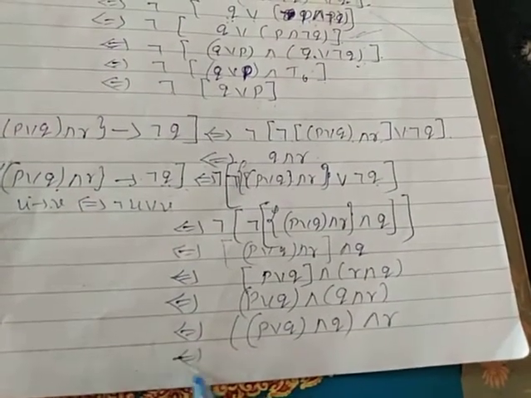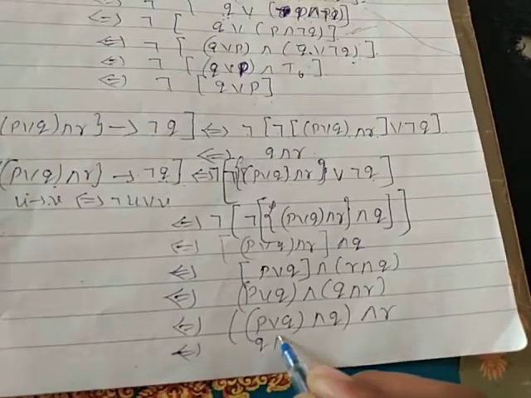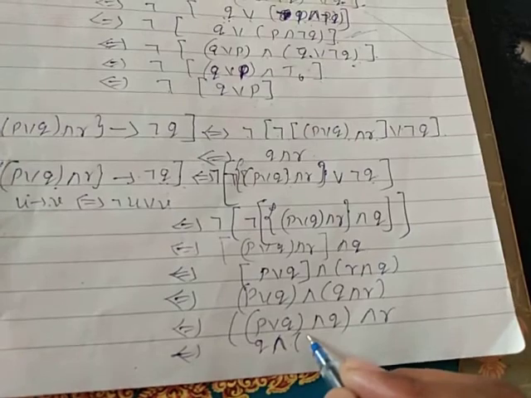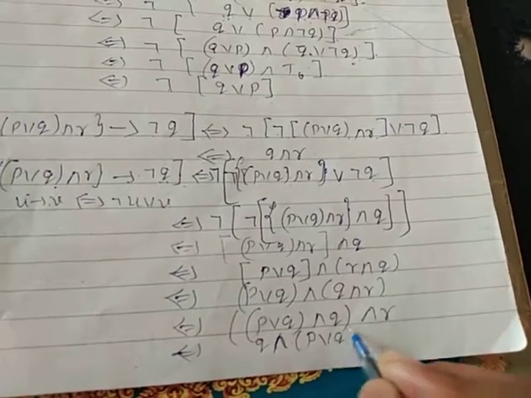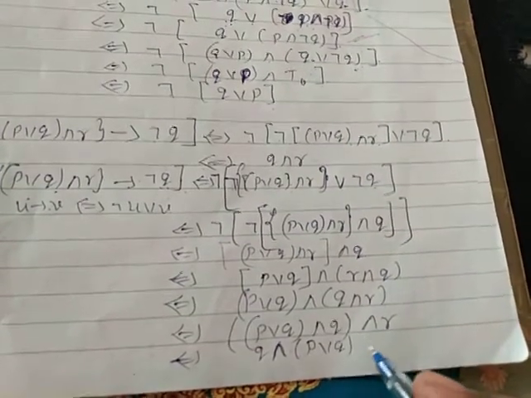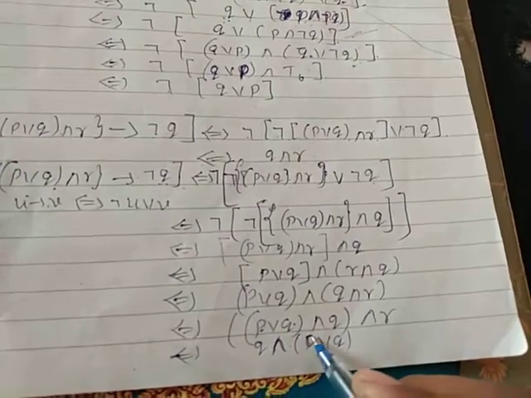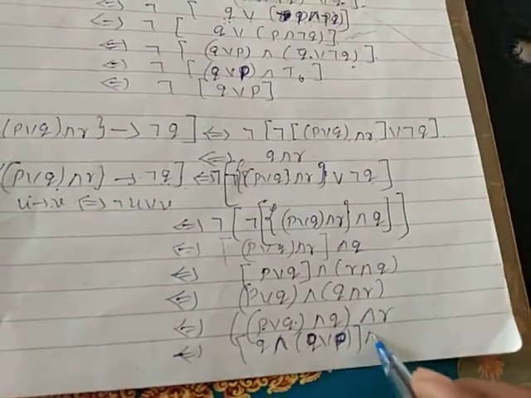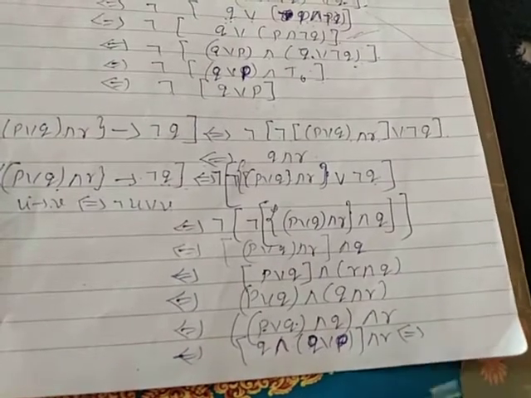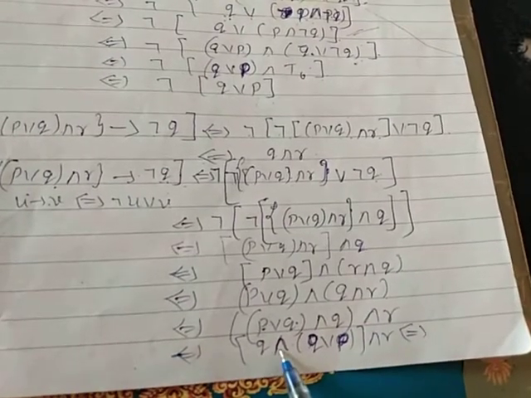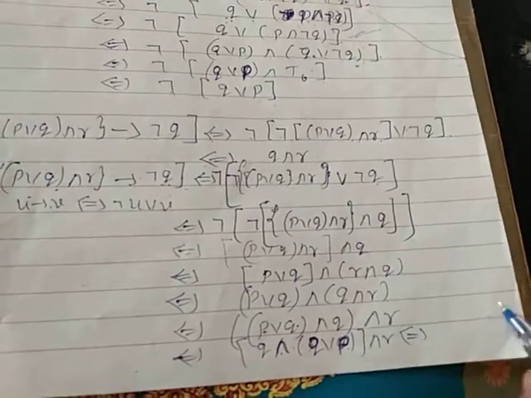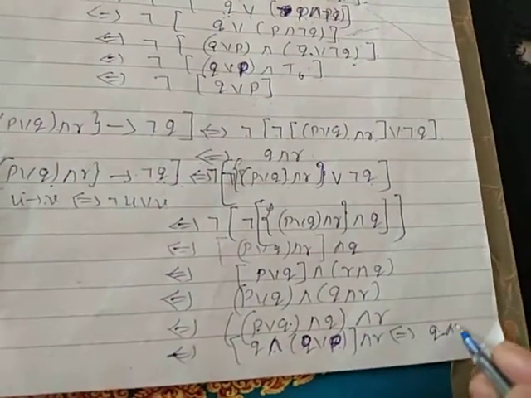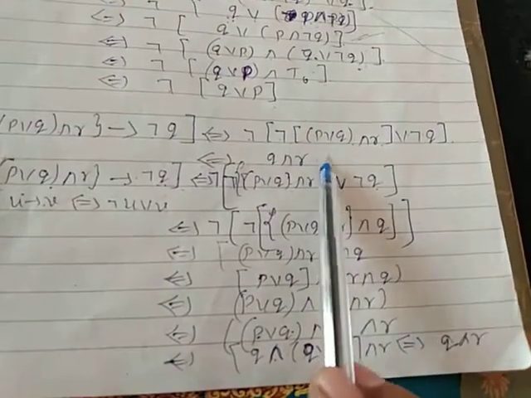Again using the commutative law, p or q and p or q can be written as q or p, and r. Now see here, q and q or p is equivalent to q using the law of absorption, and r. That is the required proof.